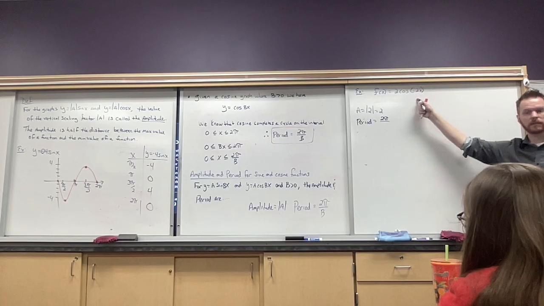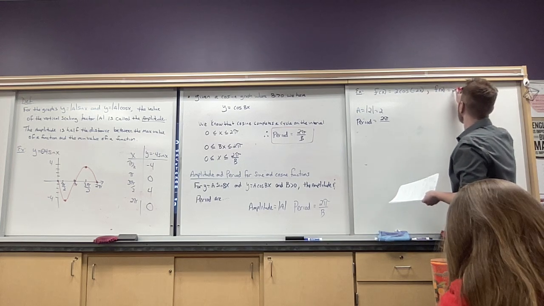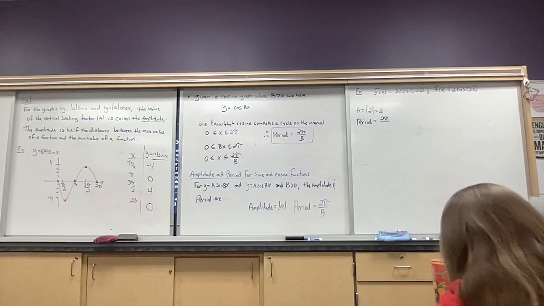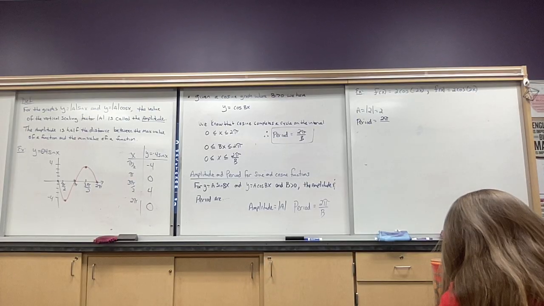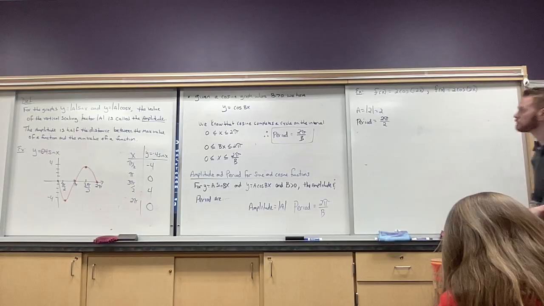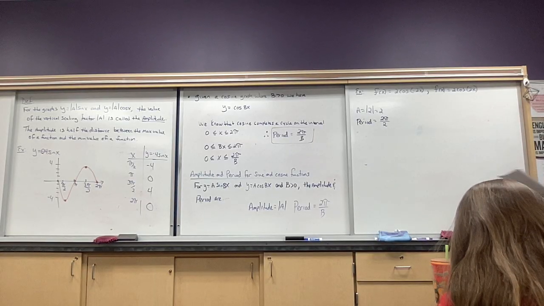We talked about that yesterday. So I'm just going to rewrite that here. This is the same thing as just cosine of 2x. So the negative is not affecting this. We're just using that property. So the b value is 2. I don't have to worry about the negative at all.